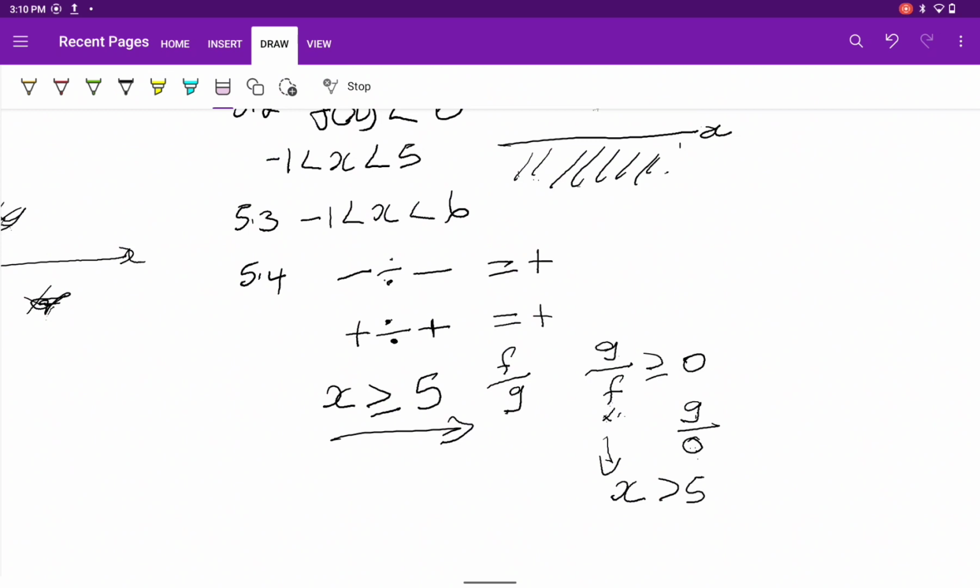Right, so we need to understand that one. But now, because the 5 is on the f graph, we can include it. So let us include that one. So thank you very much. Let's go to the next question.